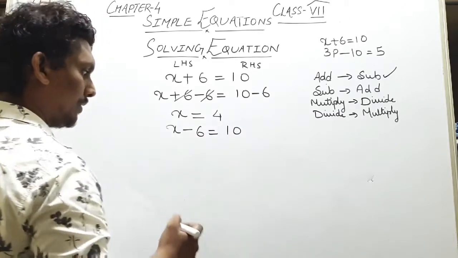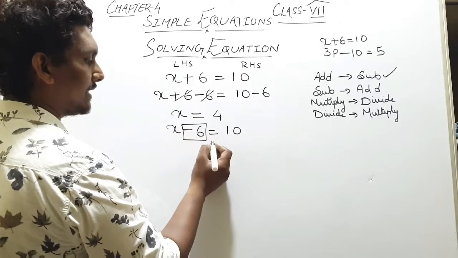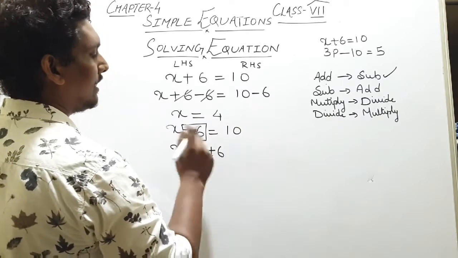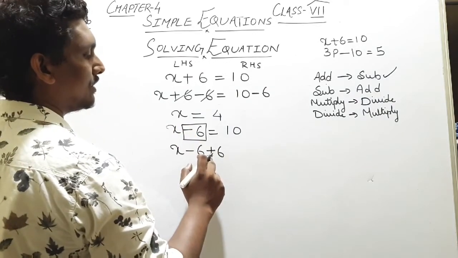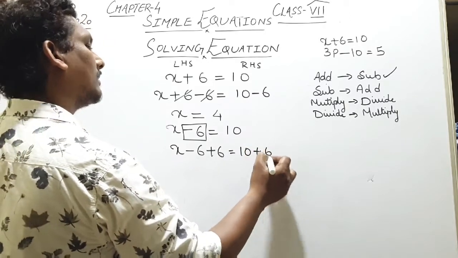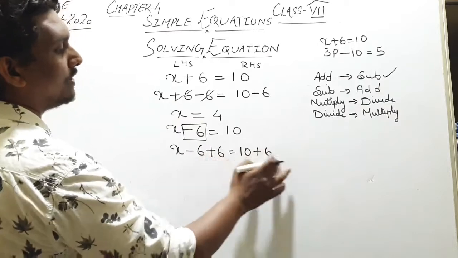When subtraction is there, we have to add. This minus 6 is extra here, so x minus 6 plus 6 is equal to 10 plus 6. We have to add 6 on both sides, right?